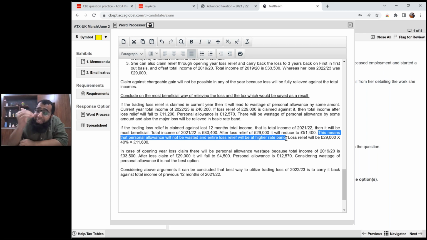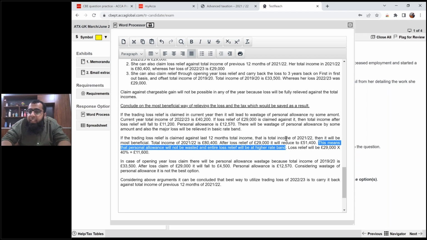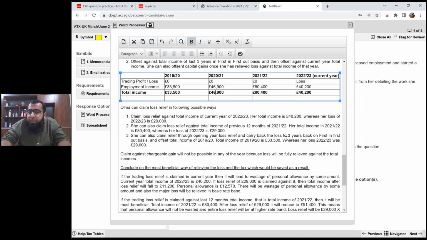See, it is the technique of how you take up the requirement. When I have made this table, it is very easy to develop the arguments. If I claim 29,000 here, my allowance will get wasted, because after 29,000, it will fall to 4,500.